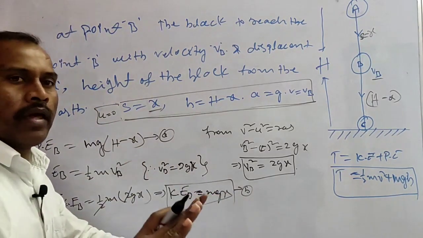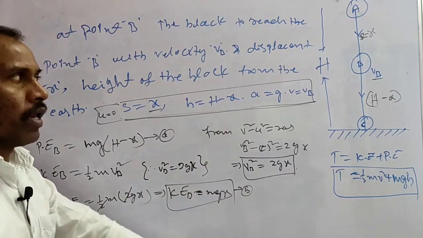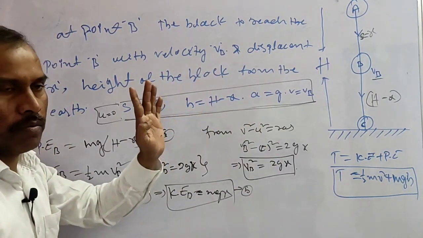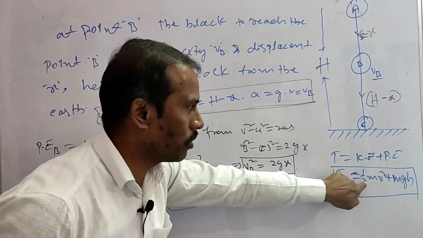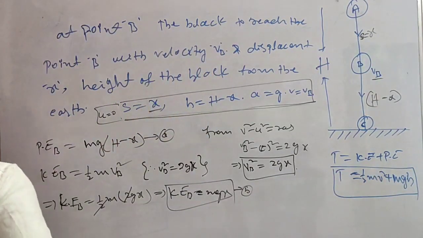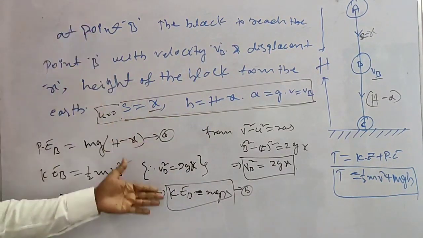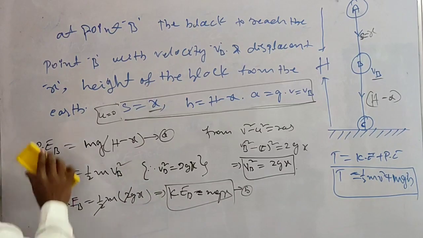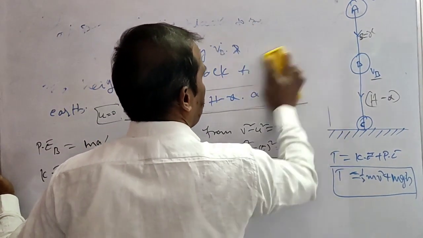Now the total energy of the block at B point is equal to potential energy plus kinetic energy.